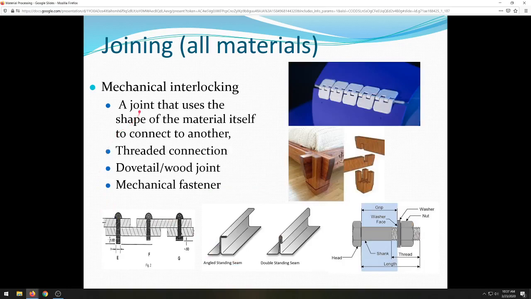More joining. So the other one that's universal to all materials is mechanical interlocking. Some people call it mechanical fastening. So you can use the material itself and the part itself, and you can create a joining member on it, or a portion of the part that then interlocks. So here we've got the corner of a bed.